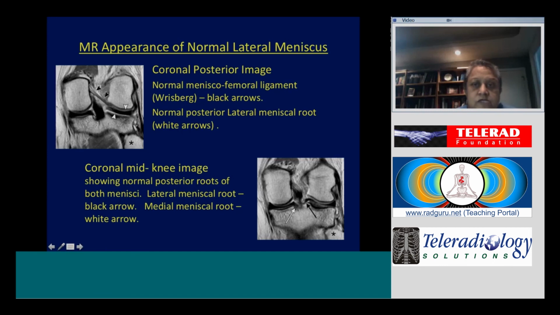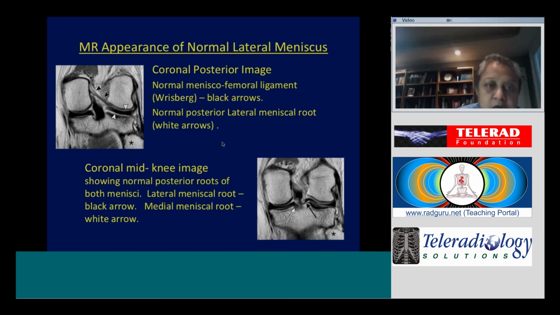Now, the MR appearance of the normal lateral meniscus on the coronal image: when you look at the left-hand corner of the slide, you're able to see the meniscofemoral ligament of Wrisberg and the normal posterior portion of the lateral meniscal root. It's very, very important to look at this because if the root is torn, it becomes obvious here.